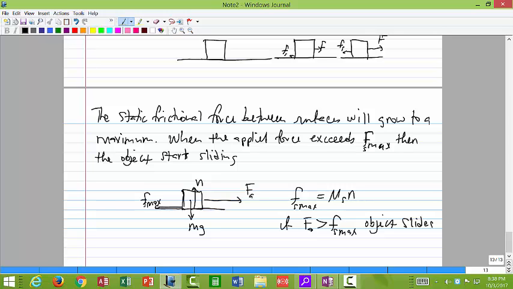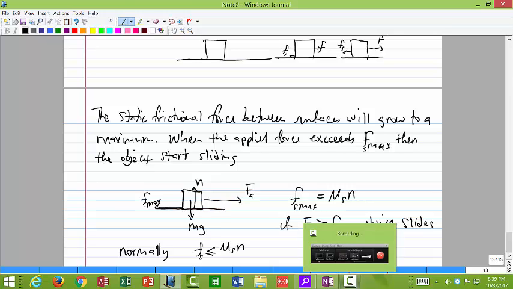Okay, so normally the static frictional force Fs is less than or equal to mu_s N. So when we put the equality sign, it means we are at the maximum. So Fs max is equal to mu_s N, where N is equal to mg.